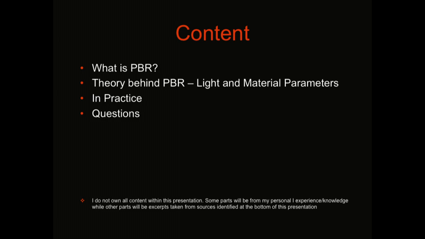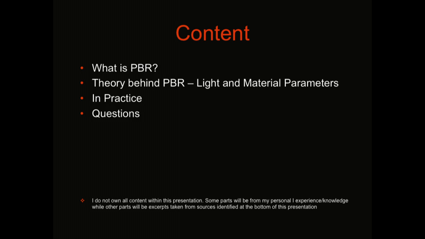The content of this presentation is, at the beginning, I'll do my best to explain what physically based rendering means. It's also often called physically based shading, but those mean the same thing. After that, I'll move on to some theory behind physically based rendering, but not the math and graphics programming.